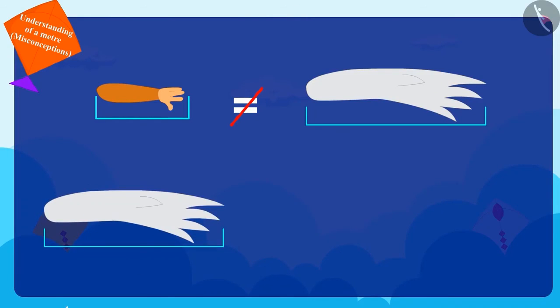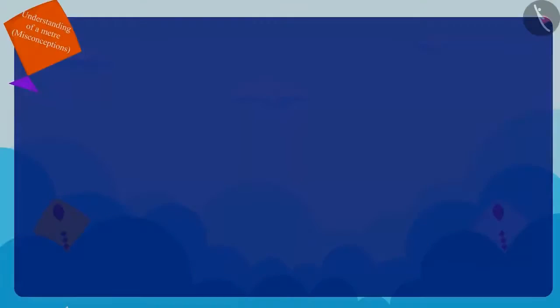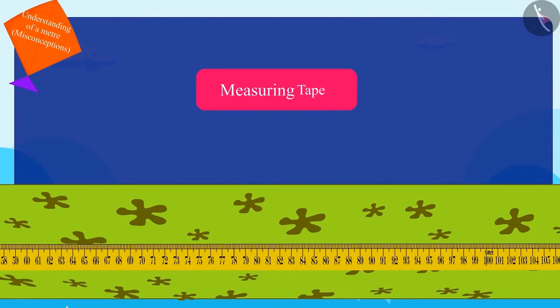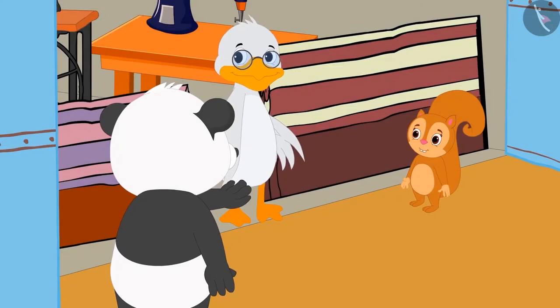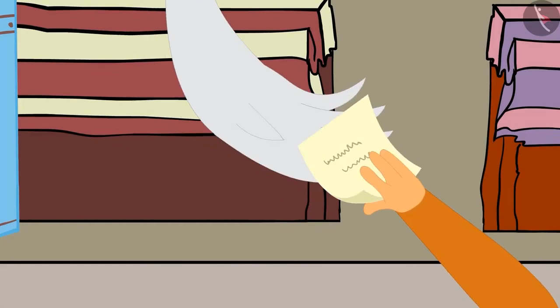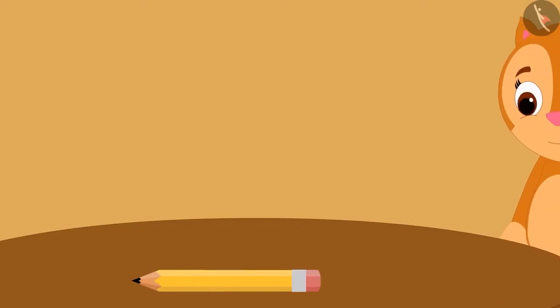And the length of uncle's 1 arm is not the same as 1 meter. She told uncle that he should measure the material using his measuring tape. Both Golu and uncle understood this. Chanda gave uncle the measurement of her curtains and returned to her home.